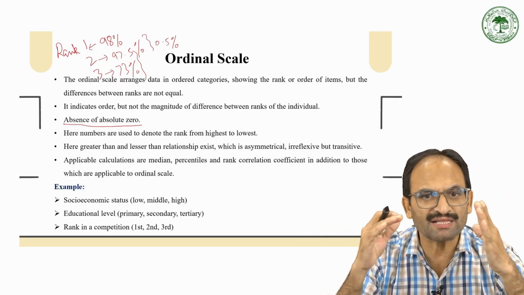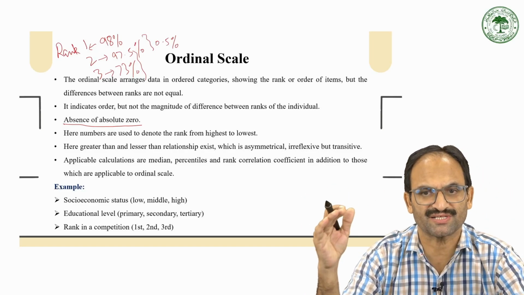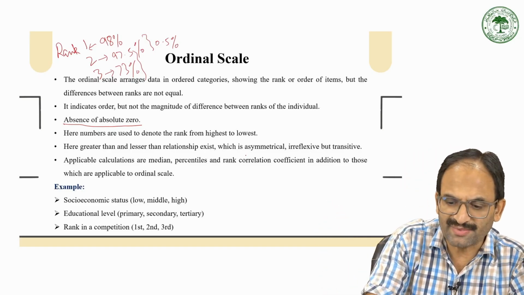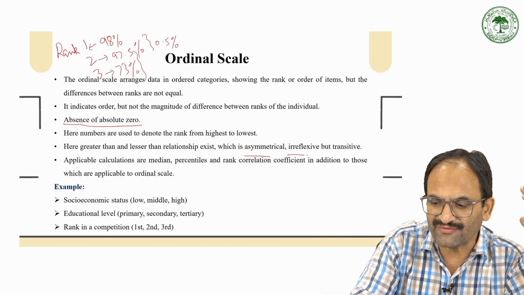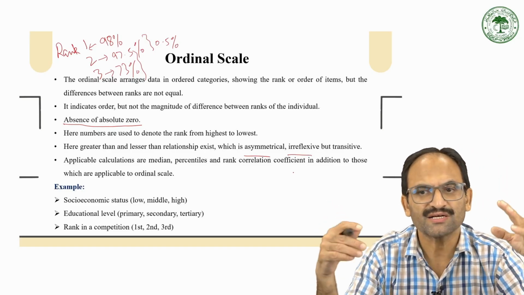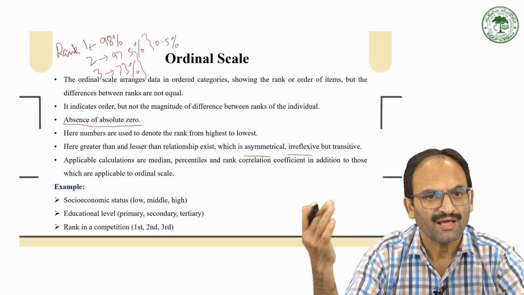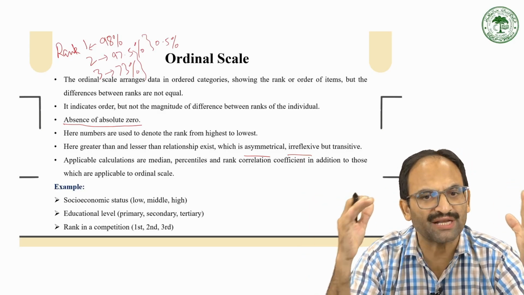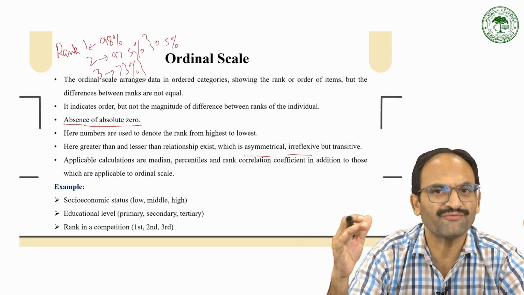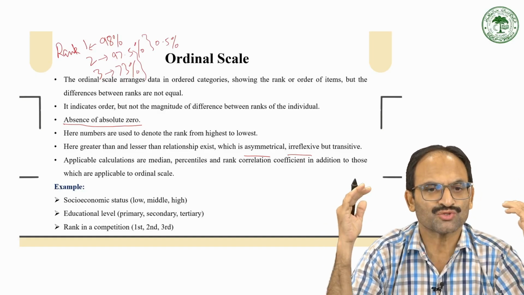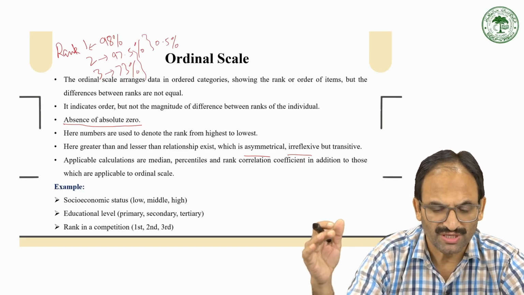Here a greater than, lesser than relationship exists, which is asymmetrical, which is irreflexive, but it is transitive. And if you have collected some data on the basis of ordinal scale, which calculation will you do in this situation?